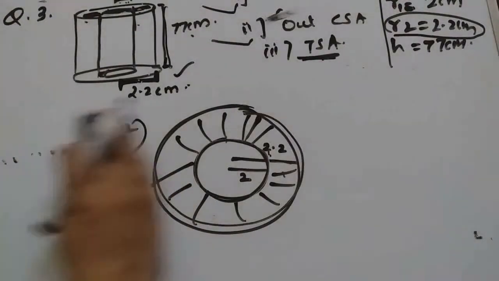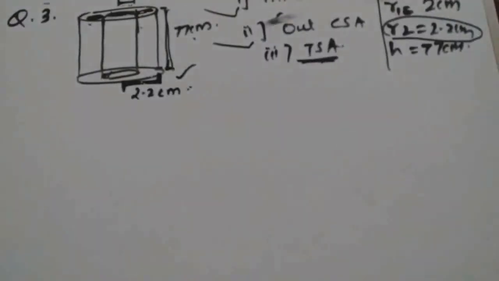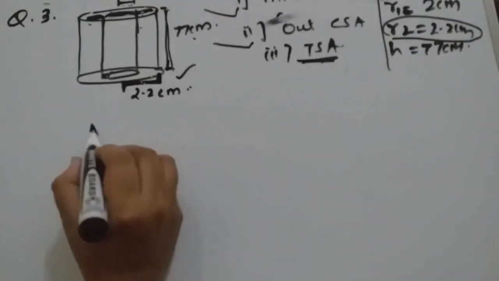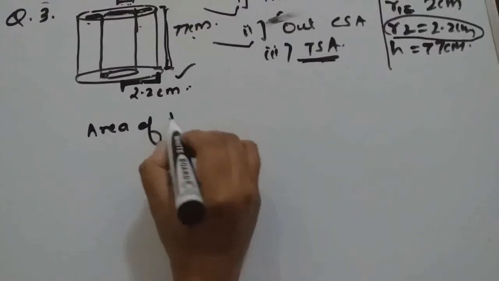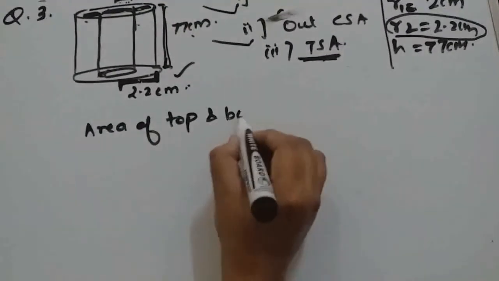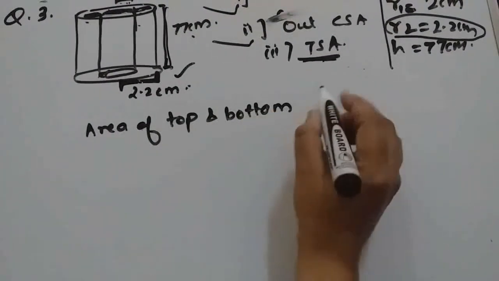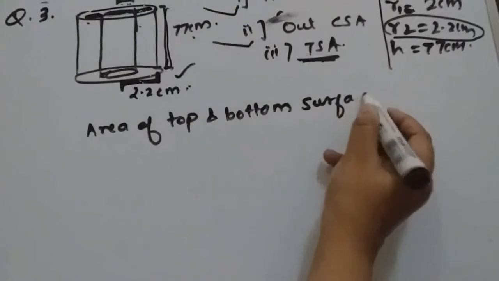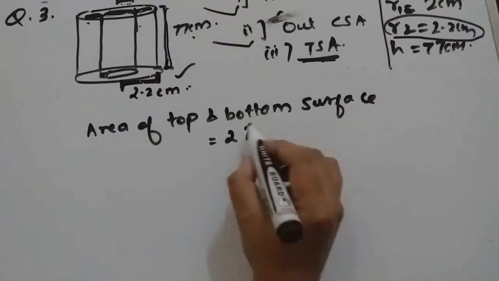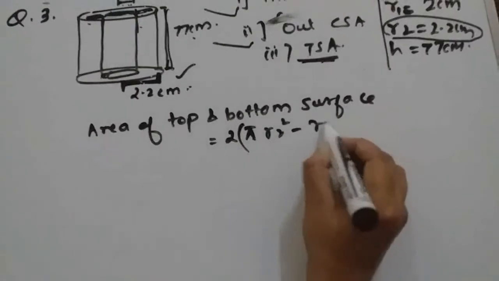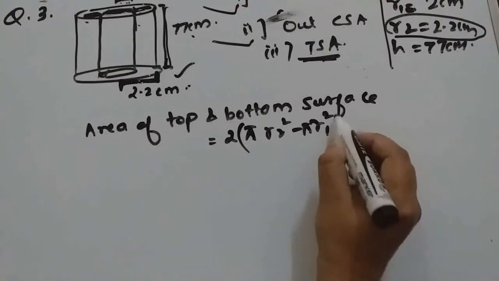Okay, so what we will do here, area of top and bottom face we can write. So understood, 2 pi r2 square minus r1 square.